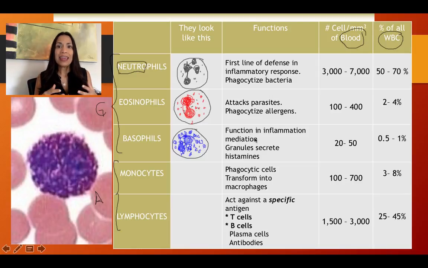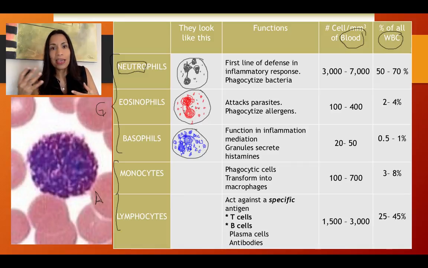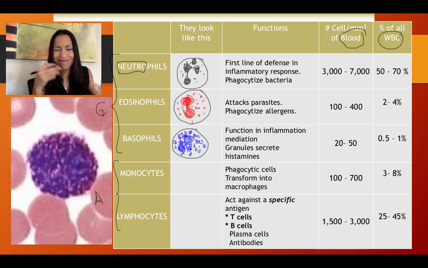So they mediate inflammation. They produce inflammation. And what is inflammation? It's the reaction of your body against usually an invasion of a pathogen or another type of injury, and it releases some substances, including bradykinin and histamine.